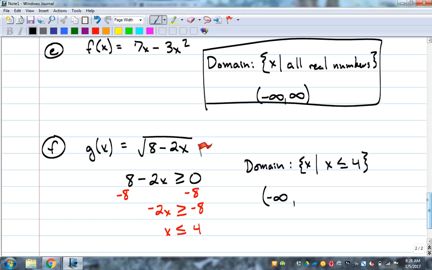You can't include those because you can never get there, because you can always just add more or take away more. So we're going from negative infinity up to 4, and we're bracket because we include the 4 because it has an equal to mark. Yes, ma'am.